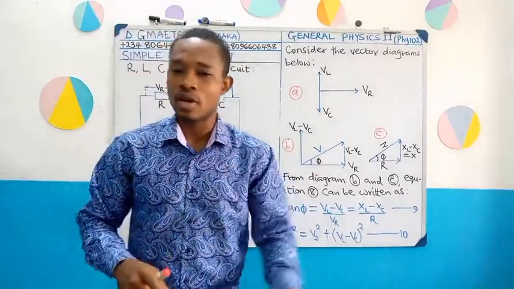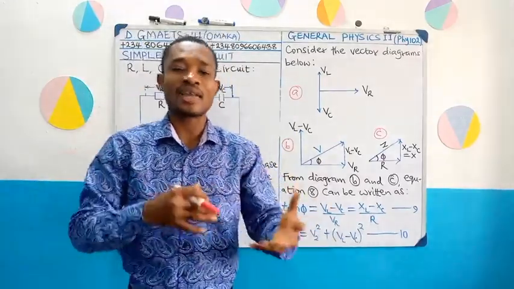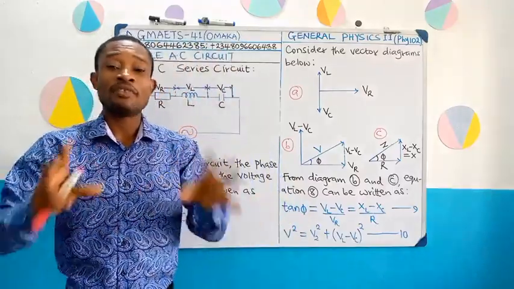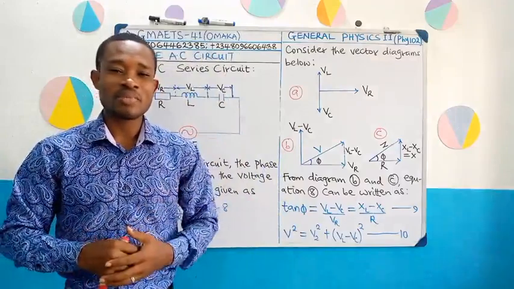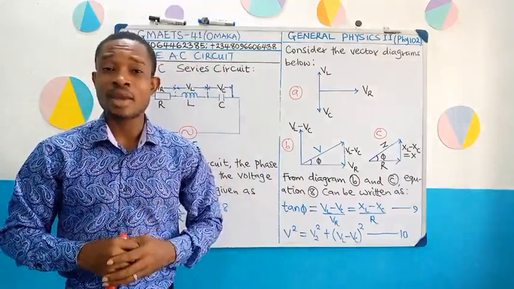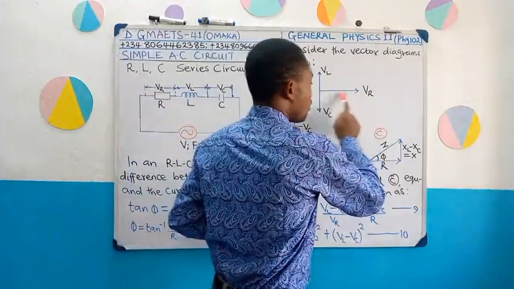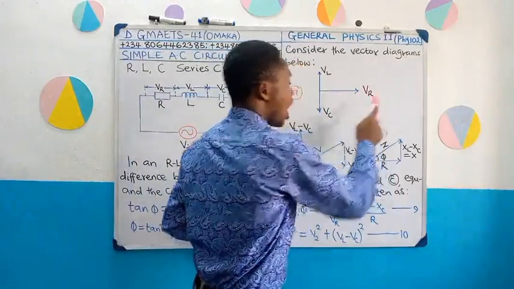No one leads the other, hence no one lags the other. They reach their maximum, minimum and zero level at the same time. That is why we are using this as our reference value, VR.